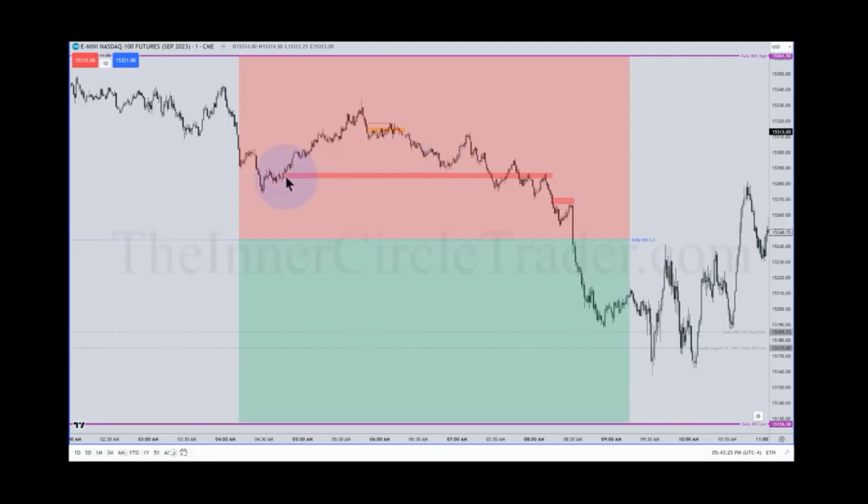So that PD array is an advanced version or application of inversion fair value gap, but it takes you right back to the core context of where you are in price, what it's likely to go to next, and whether you are in a short-term premium or short-term discount. If we're bearish and we're in premium, we can anticipate price reaching down into a discount, but not some random level, very specific levels.